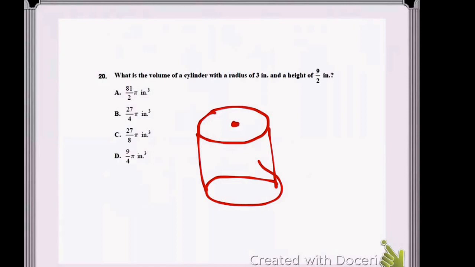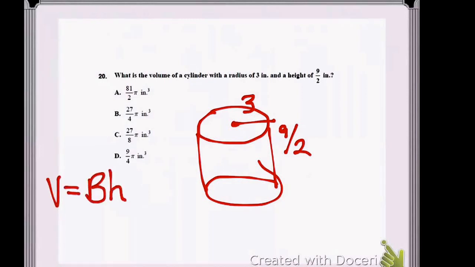The last one, what is the volume of a cylinder with a radius of 3 inches and a height of 9/2? To me, it helps to draw the picture. I have a radius of 3 inches and a height of 9/2. If I go to the formula sheet and find the formula, V equals capital B times H, where B represents the area of the base. So I can tell my base is a circle. So the area of the base is going to equal pi times r squared.